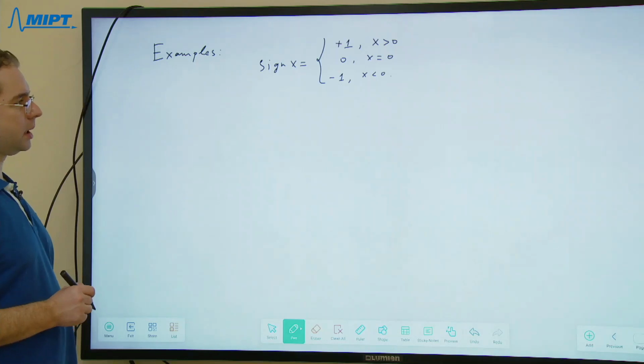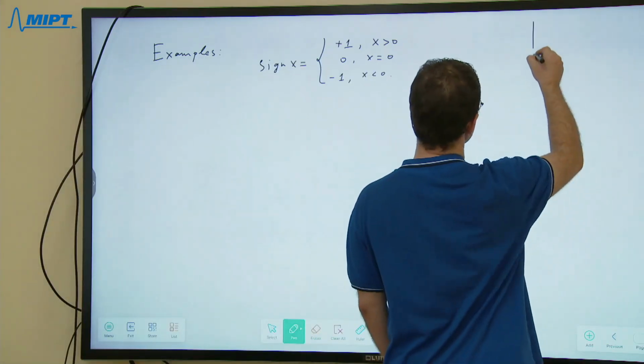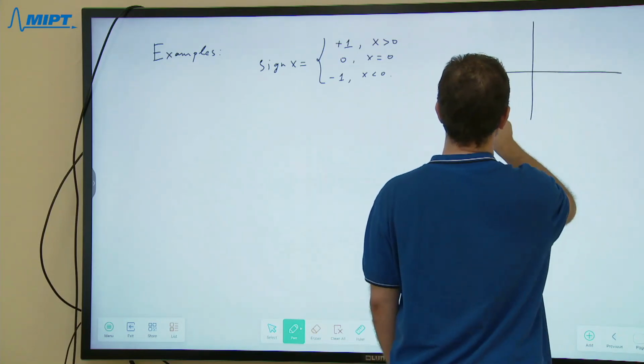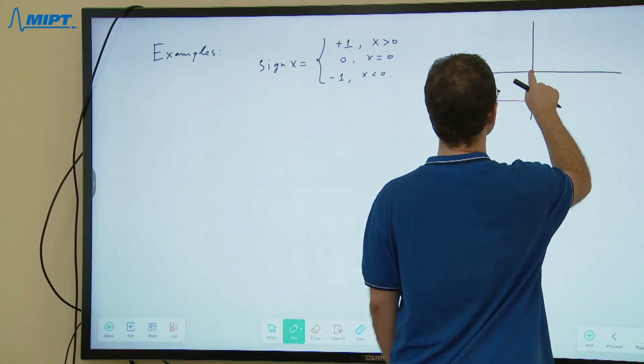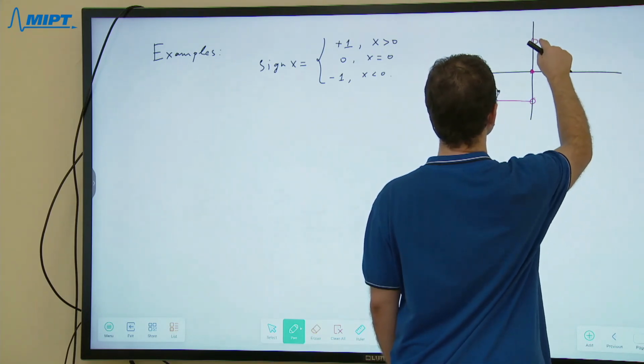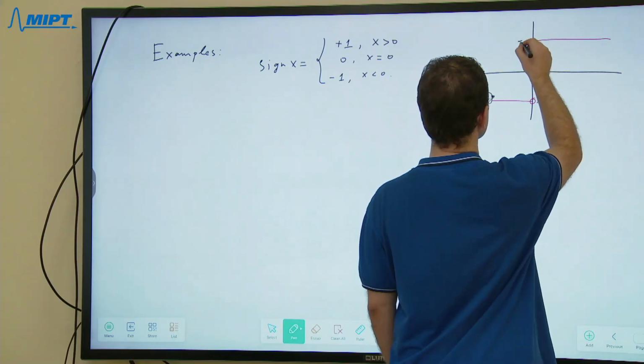So 0 is a discontinuity of this function. Let me draw a graph of this function. This function looks like this, like that, like that. So this is minus 1, this is plus 1.